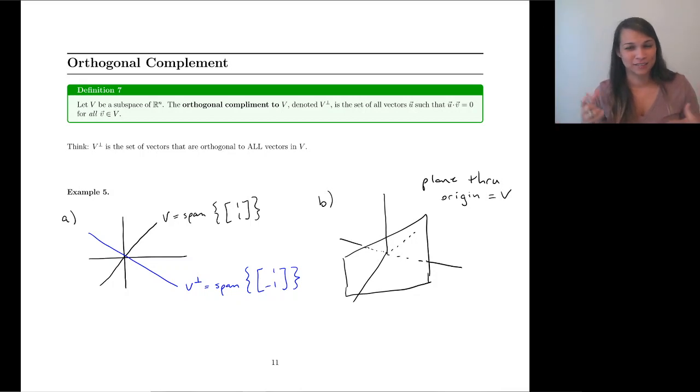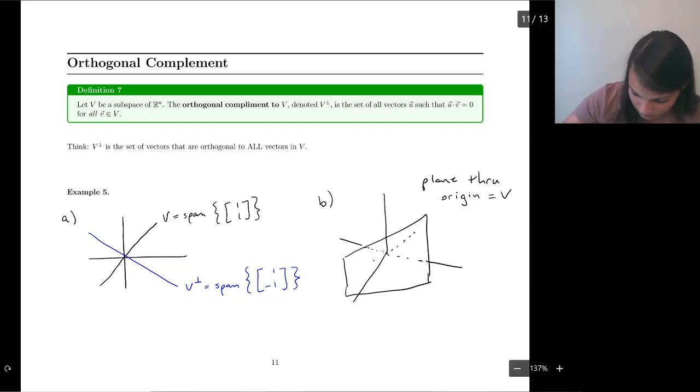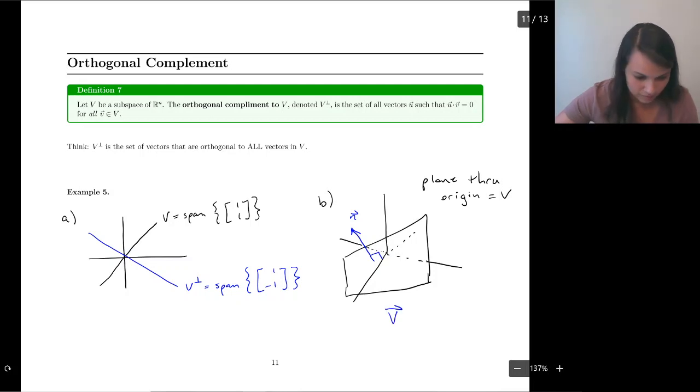Do you guys remember Calc 3? Reach back. Calc 3, perpendicular to a plane: normal vector. So V perp equals the normal vector, basically, or all linear combinations of it.